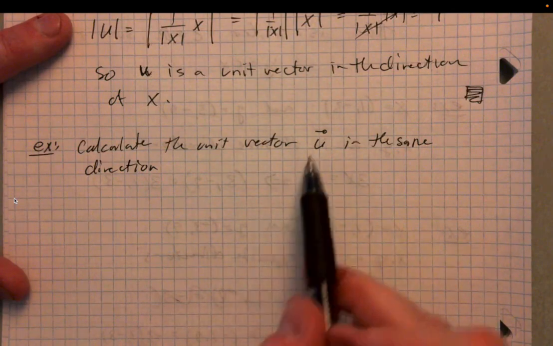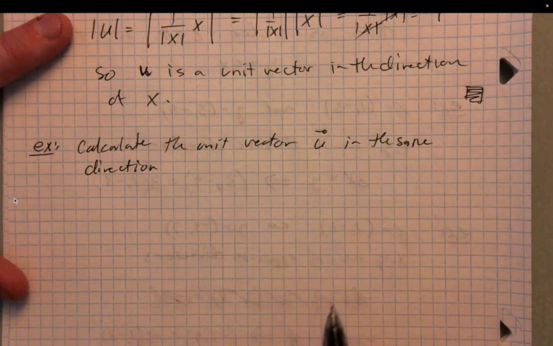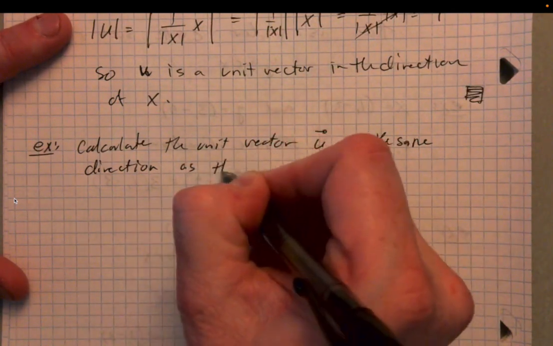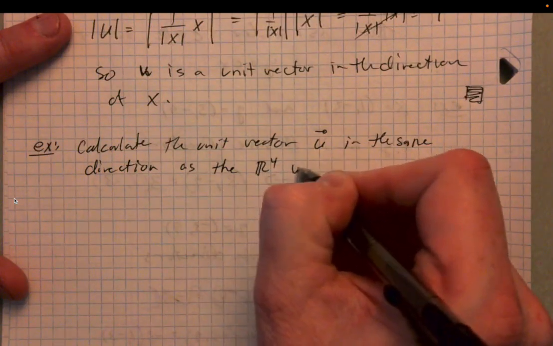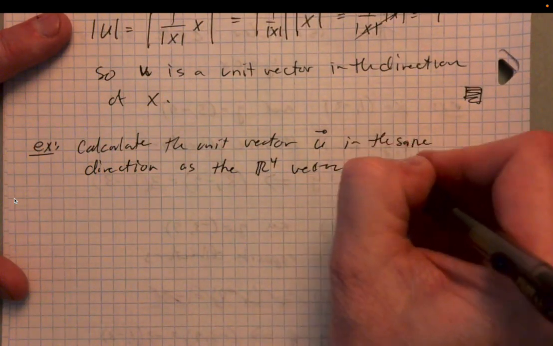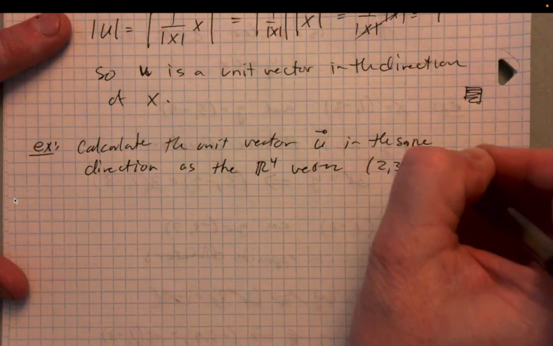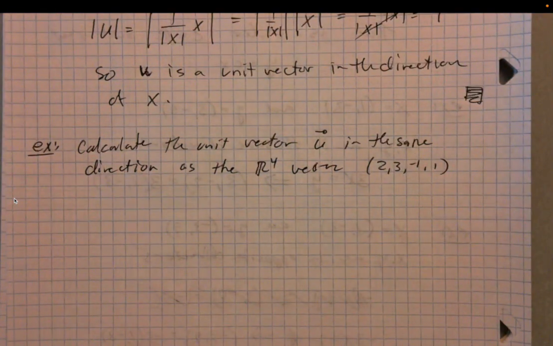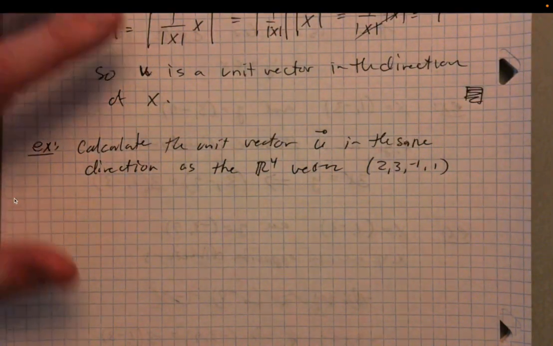So let's calculate the unit vector u in the same direction as the R4 vector (2, 3, -1, 1). Okay, so first thing we need is the norm of this vector.